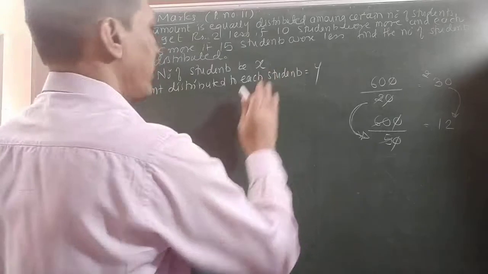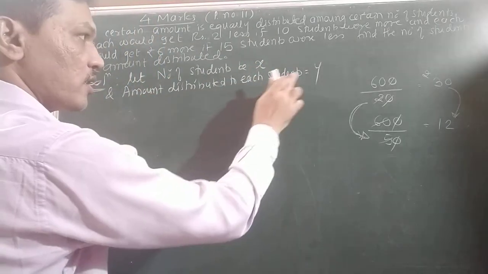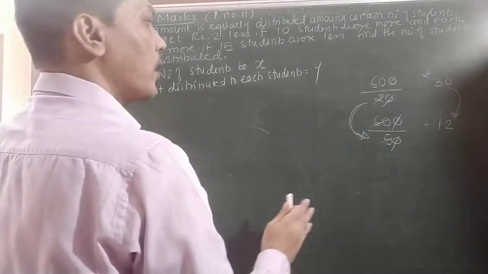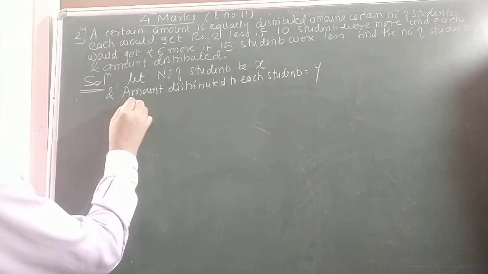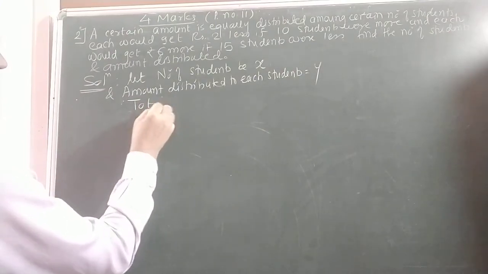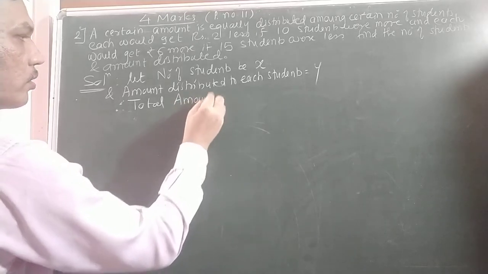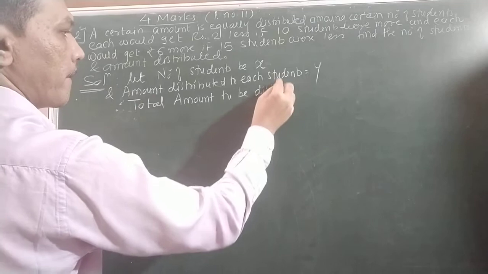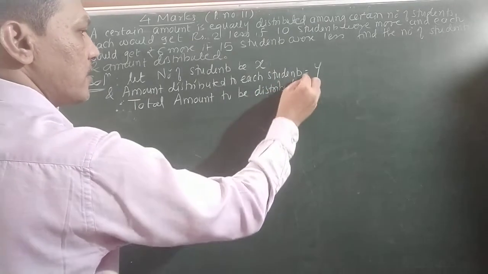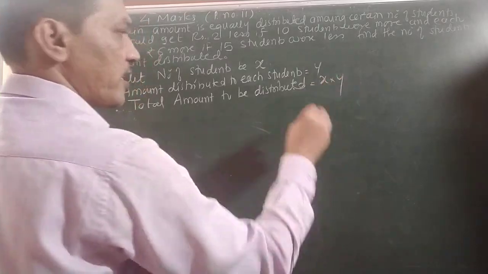Okay, so like that, let the number of students be x and the amount distributed to each student be y. So what is the total amount? How can we find it out? The total amount to be distributed is nothing but the multiplication of these two, x into y, that is xy.